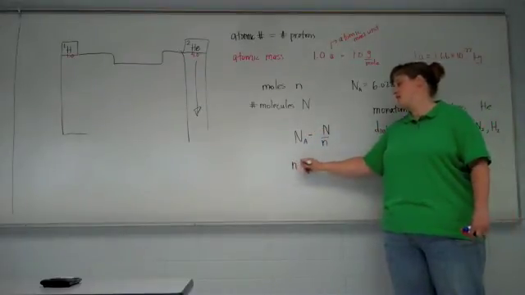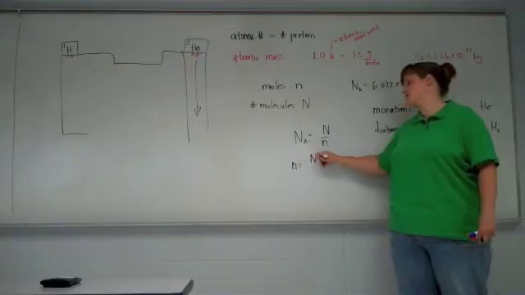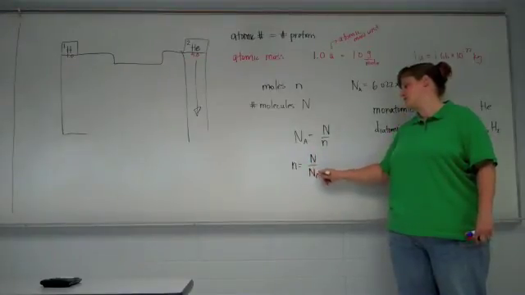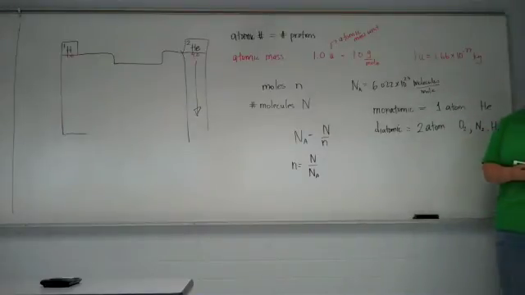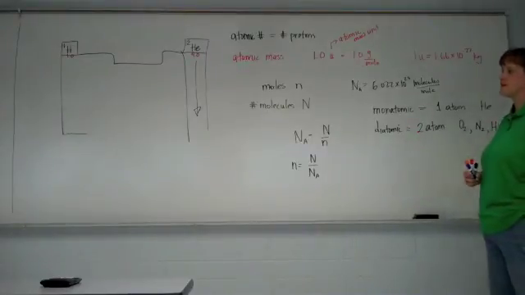Or we can say number of moles is equal to number of molecules over Avogadro's number. So we can easily convert between number of molecules and number of moles in any given problem. Why you would want one versus the other is just dependent upon what material information you're given in a problem or what you're being asked for. You may be told the number of moles, you may be told the number of molecules, and you may need the other.